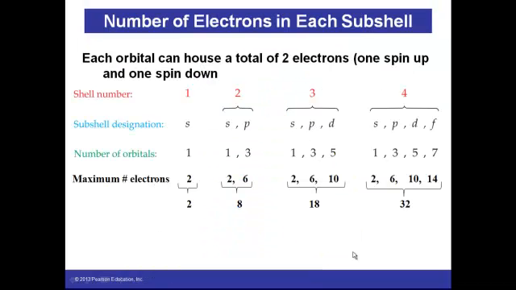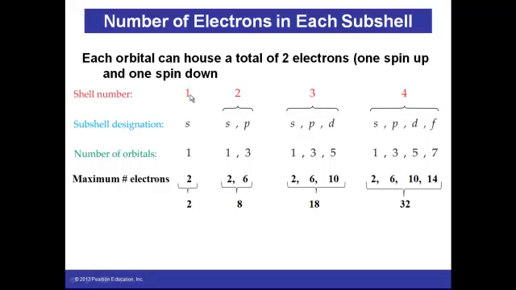So this is a very nice slide that is going to demonstrate and consolidate the quantum numbers that we've just talked about. The first quantum number, the n number, is going to be the shell number. Again, this corresponds to the periods or the rows on the periodic table. There's a total of 7 shell numbers, and that's it.